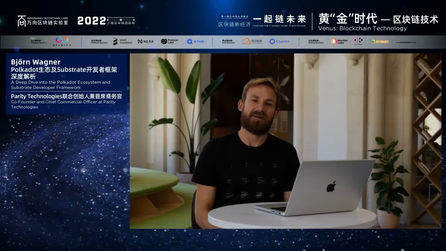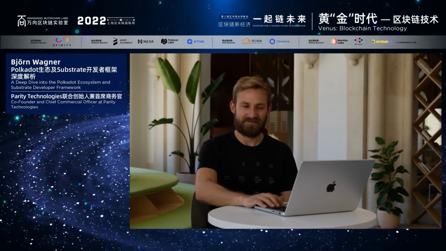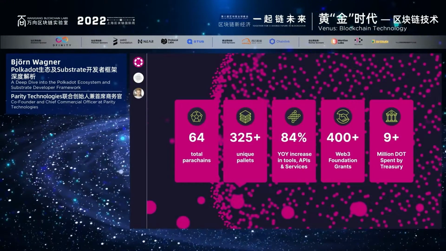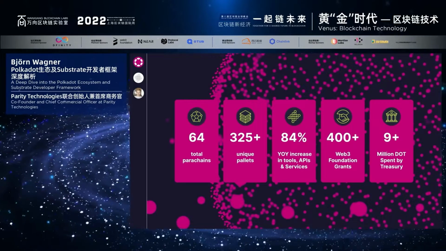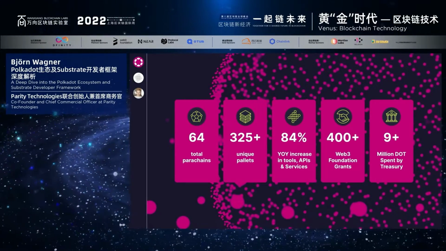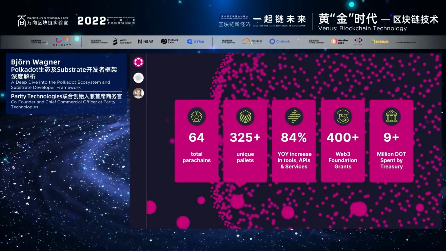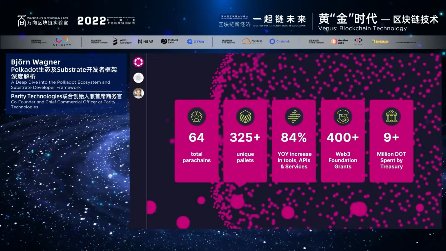To close things up, I would like to share some exciting things happening in the Polkadot ecosystem. Over the past year, we've seen 64 parachains connect to Polkadot's ecosystem. There are also more than 325 unique pallets for builders to choose from when creating their custom chains. We also saw an 84% year-over-year increase in tools, APIs, and services.